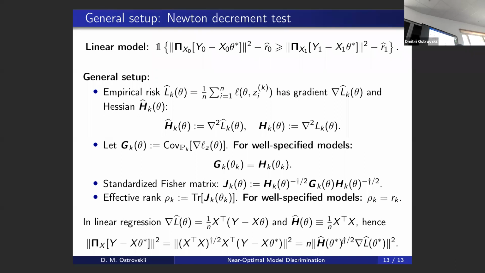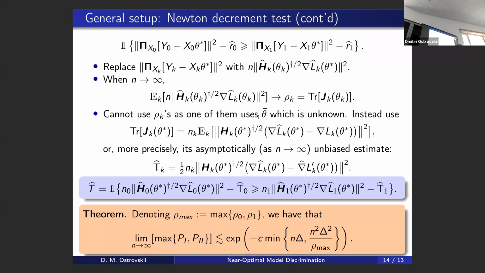What I have to compare in my test statistic are the fluctuations of the empirical Newton decrements for the two samples, how they deviate from their conditional expectations under the matching hypothesis. I don't exactly know these conditional expectations, but in my asymptotic regime I can replace them with unbiased estimates that can be computed from the data in this form.